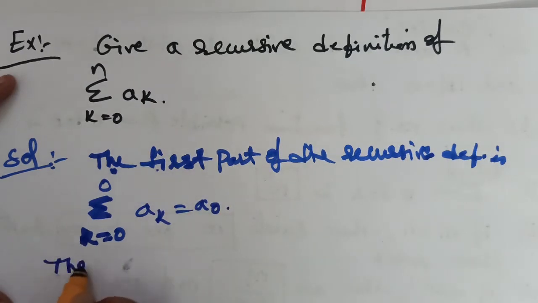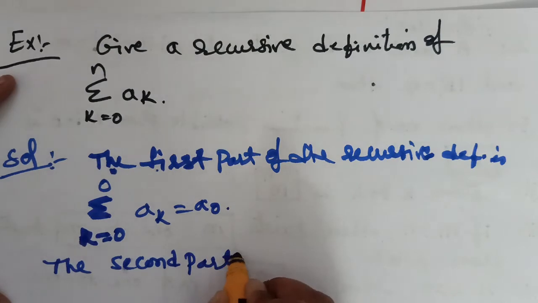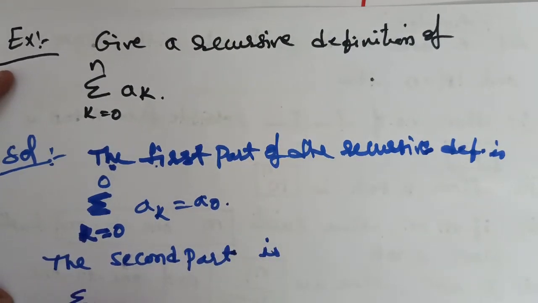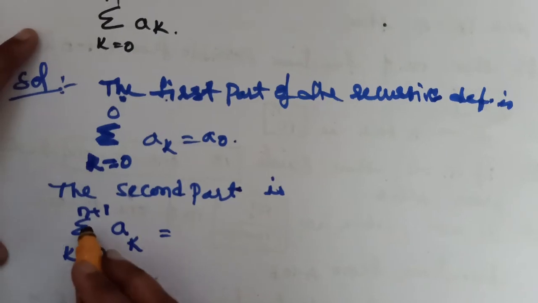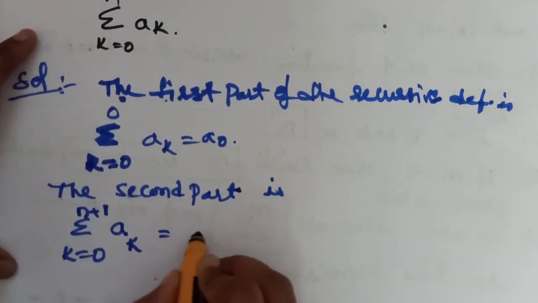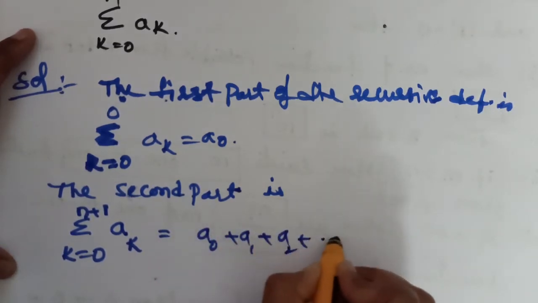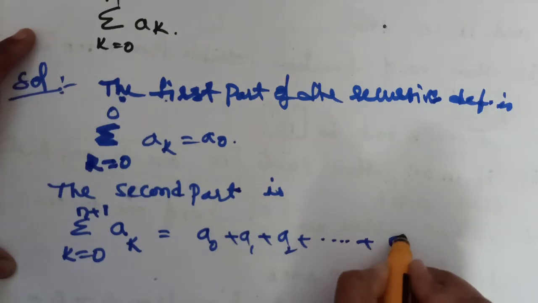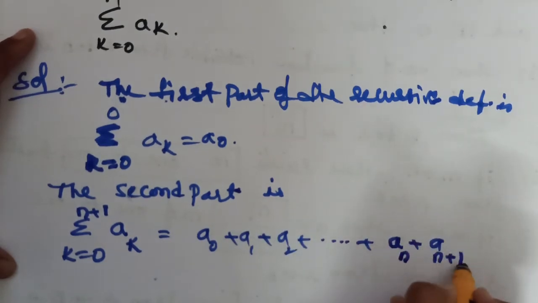The second part contains summation k equal to 0 to n plus 1 of ak. By expanding this summation, you get a naught plus a1 plus a2 plus so on plus a n plus a n plus 1.